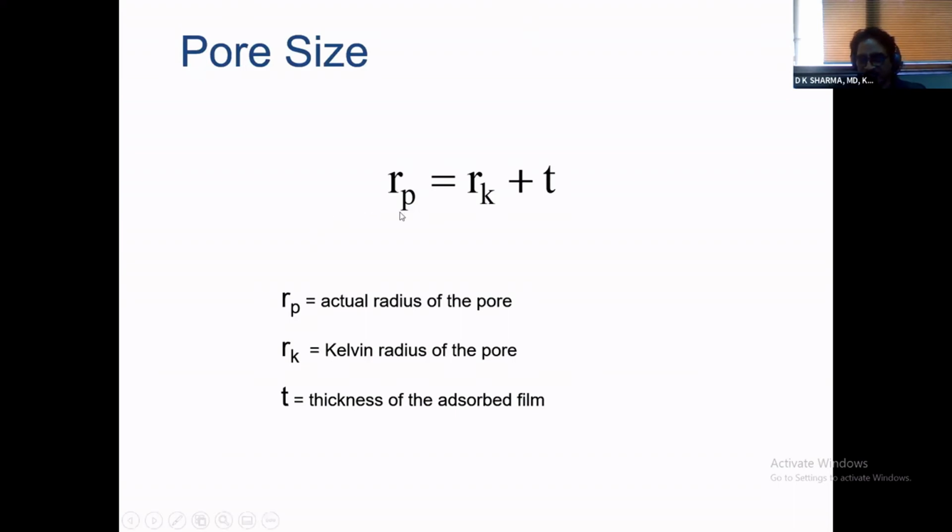Pore radius R equals the central core radius plus the thickness of the adsorbed layer. Okay? Kelvin equation is used to find RK. The thickness equation is also used to find the value of t. When you add them up, you get the size of the pore. This is the pore size calculation.